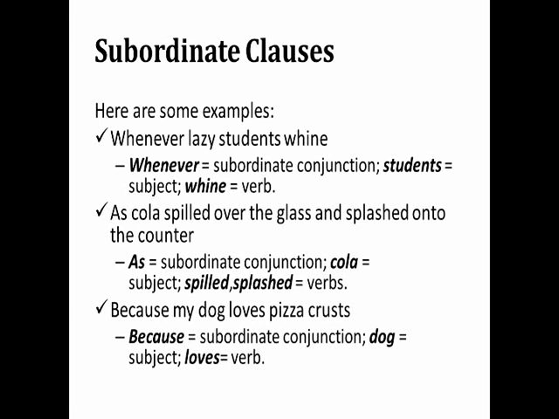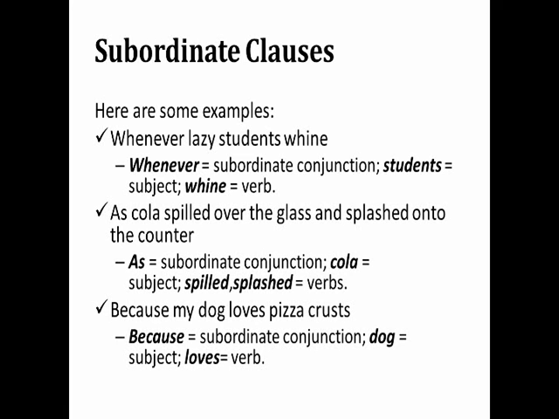Now when you write this one as a simple sentence, it won't make sense because it is not complete. As cola spilled over the glass and splashed onto the counter. As is the subordinating conjunction here, and cola is your subject and spilled and splashed are your verbs. Now, third example, because my dog loves pizza crust. You have because, that is the subordinating conjunction. You also have the dog as your subject and you have loves as the verb.